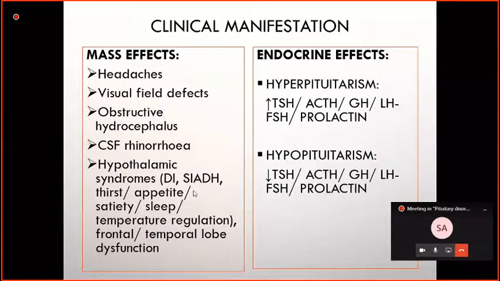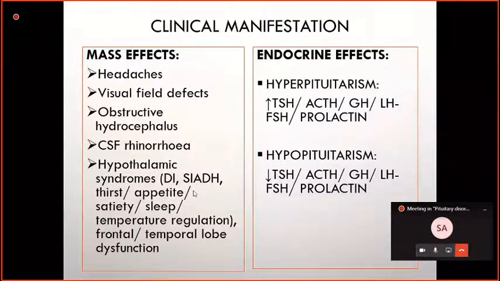So endocrine effect can also be because of the lesion causing an increase in production of a particular hormone. For example, if you have a tumor which produces prolactin, you can have hyperprolactinemia.